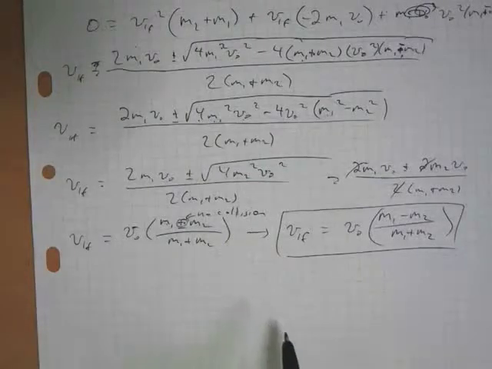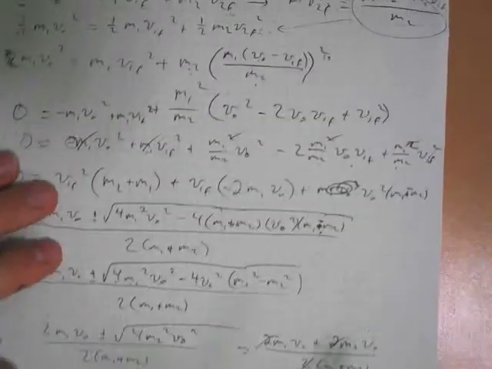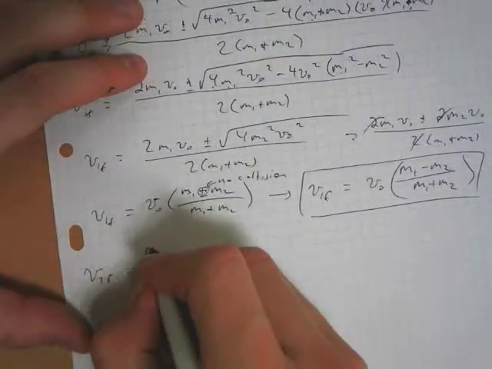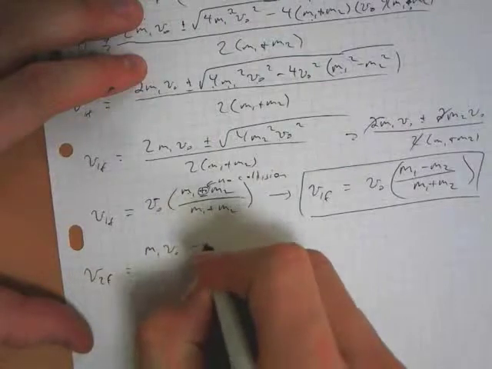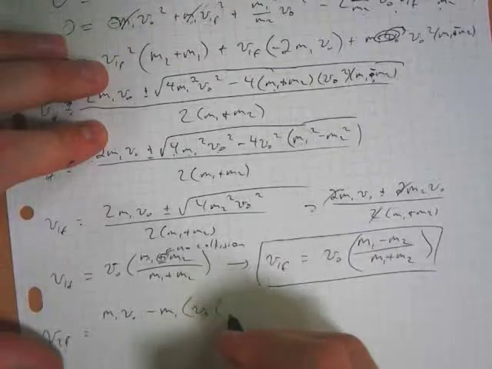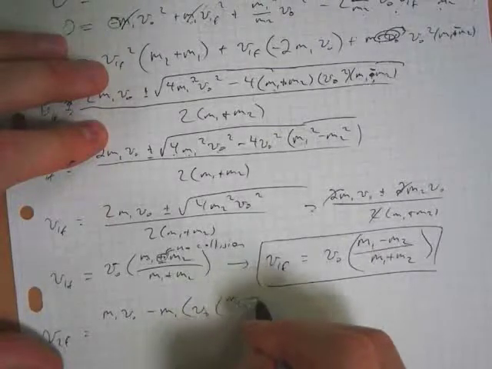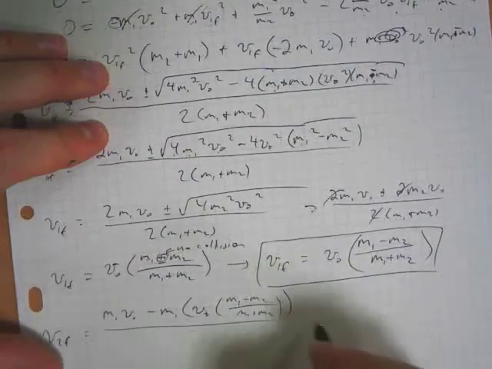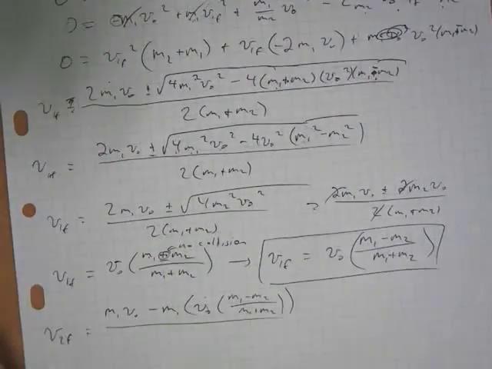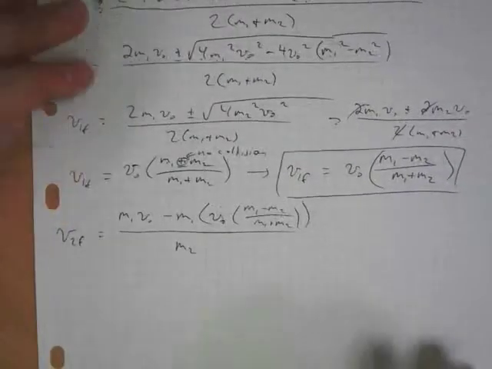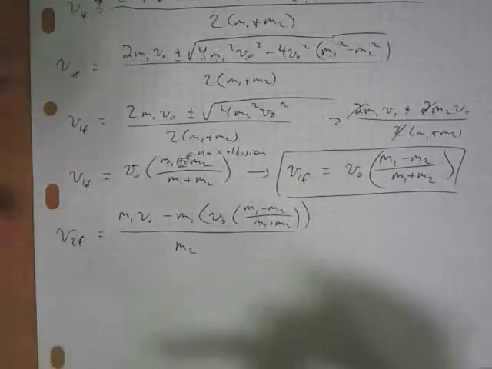And then going back to what we originally substituted in, our v2 final is m1 v0 minus m1 times v1 final, which is all of this junk, all over m2. Okay, so this is fun, right?